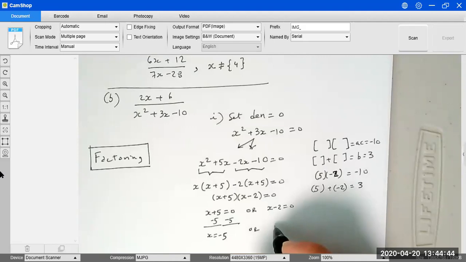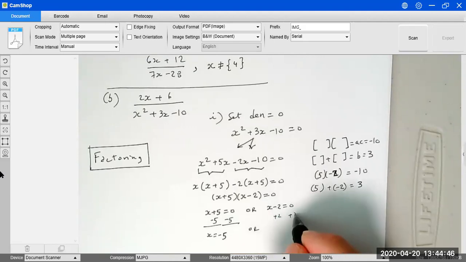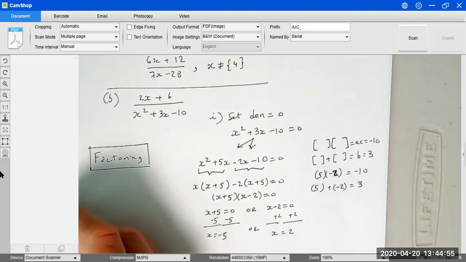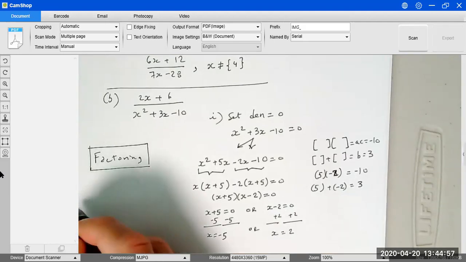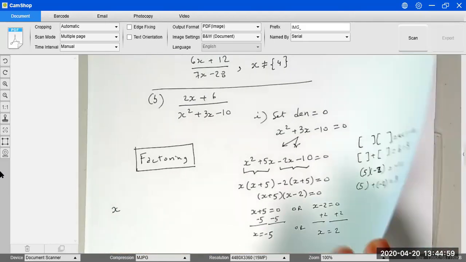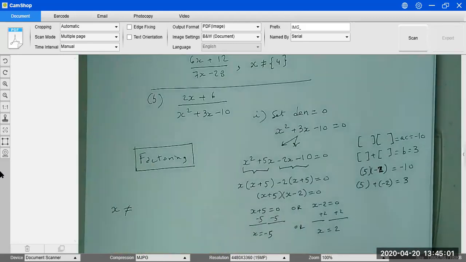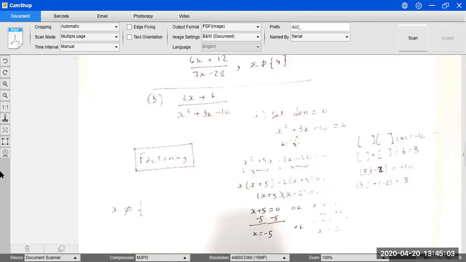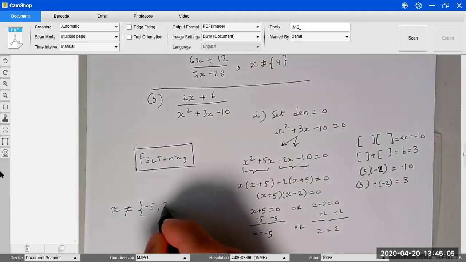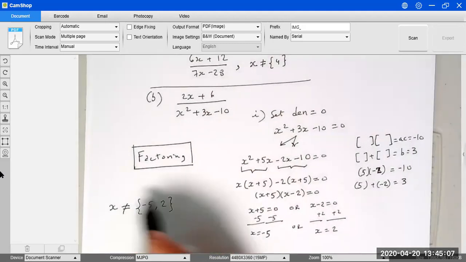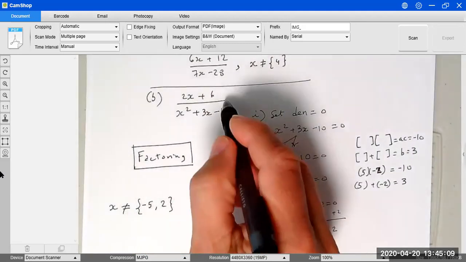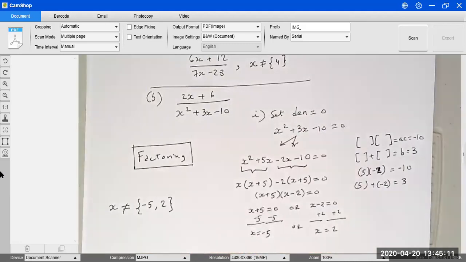Also, we add 2 to both sides of the other equation, so we get x equals 2. So these are my restrictions. At the end of the day, I'm going to write my restrictions as x should be different than negative 5, comma 2. And remember, we usually write this after the rational expression.